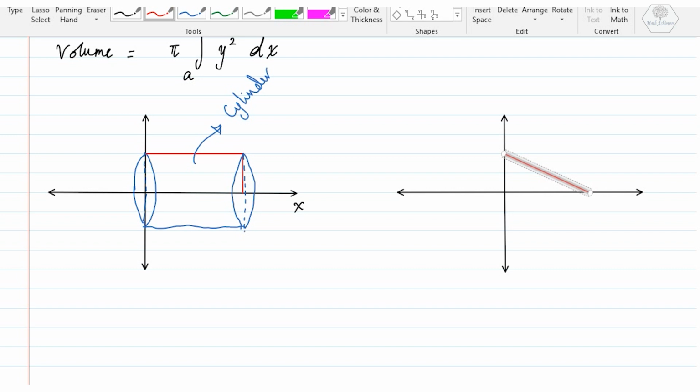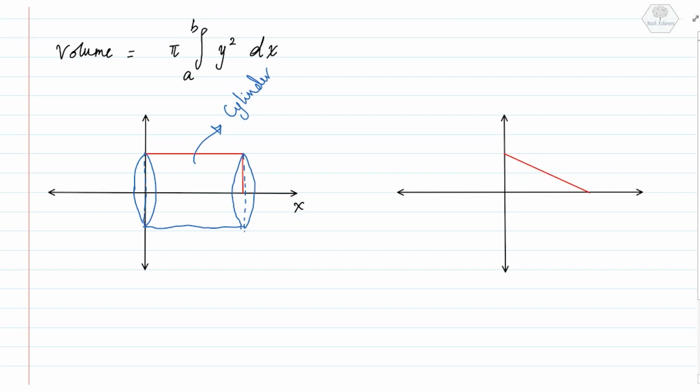I want to revolve this triangle around the x-axis. Let's see what the final shape will be. If I revolve it, this would revolve like this, and this part would revolve like this. So the three-dimensional shape formed after revolving this triangle is a cone.